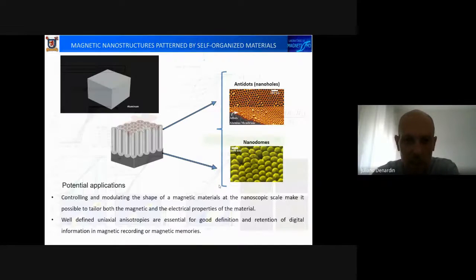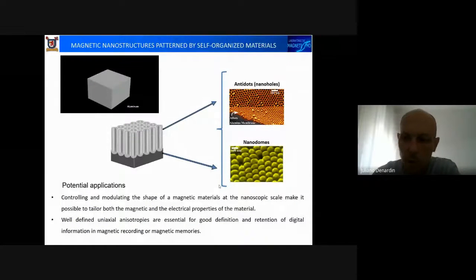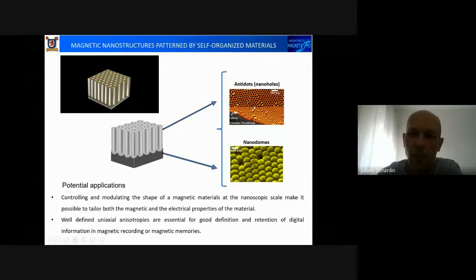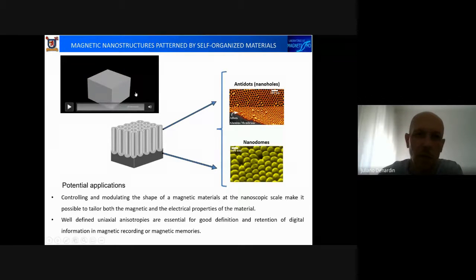Okay. The next work we did was to use a mechanism we developed some years ago to have modulated substrates for the deposition of thin films. The modulation is done by anodization of aluminum.